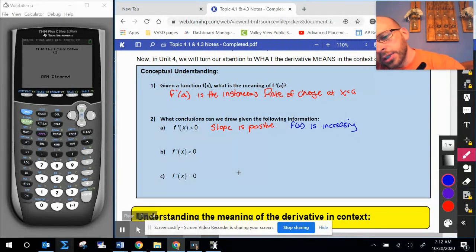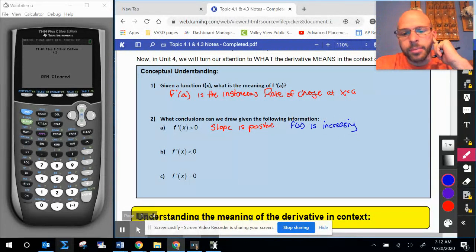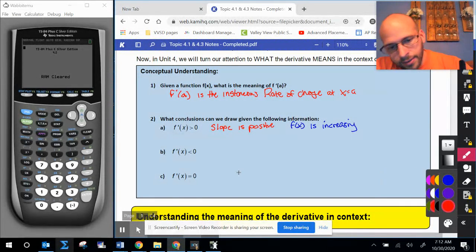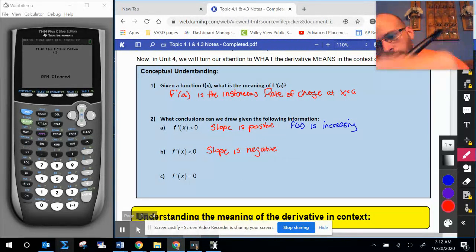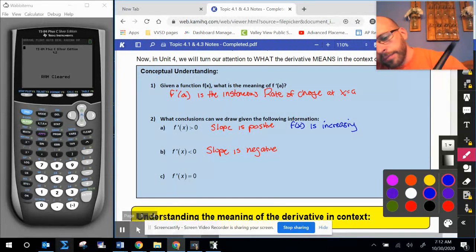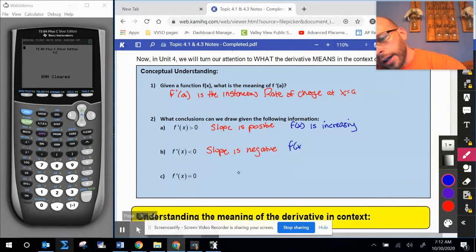If you have a positive slope, you know your function is going up. Now, if f prime of x is negative, then your slope is negative, and just like before, f of x is decreasing.